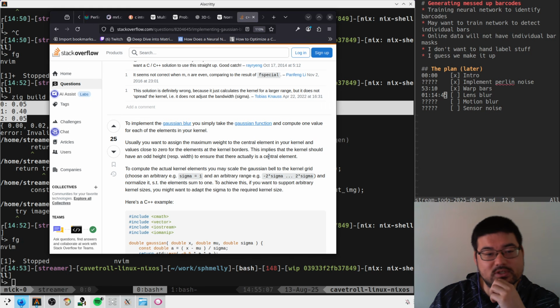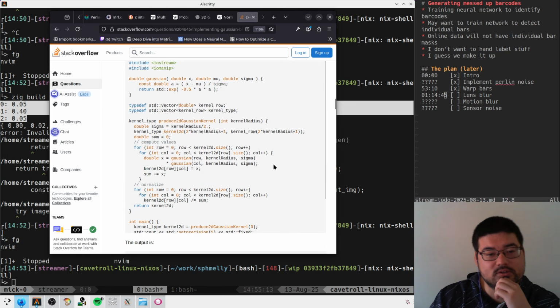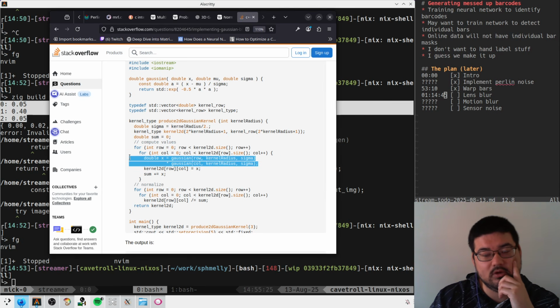Maximum weight to the central element in your kernel, and value is close to 0 for the elements of the kernel borders. Implies the kernel should have an odd height. So what is this guy doing? He's doing something similar to what we were trying to do, right? He's multiplying the two versions together, like we were doing.